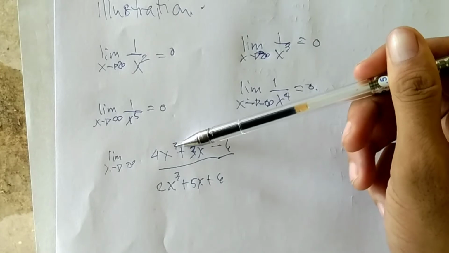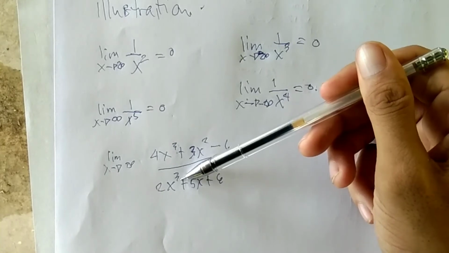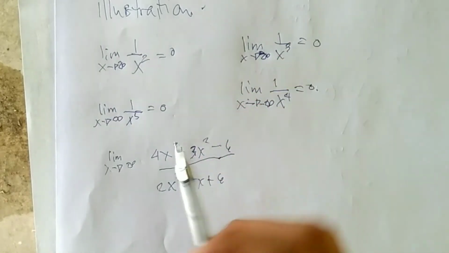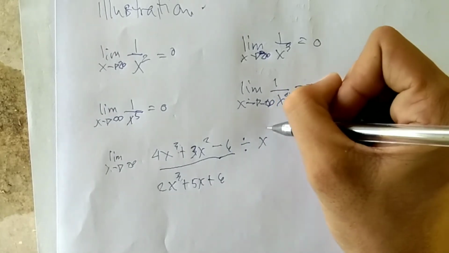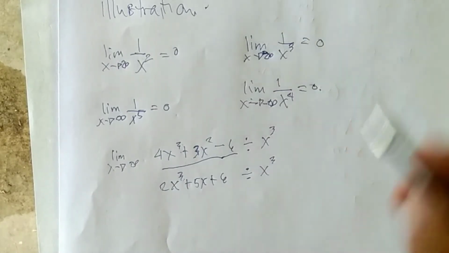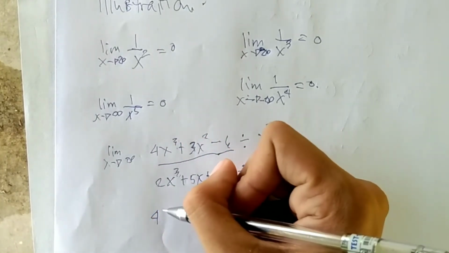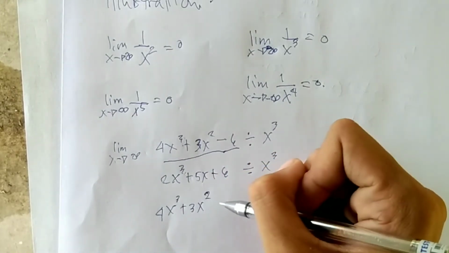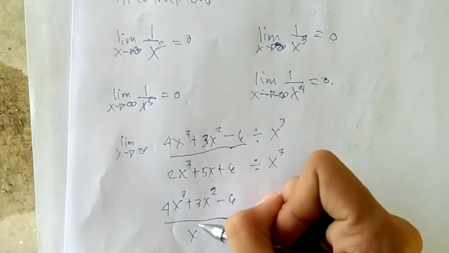For example, if the exponent on top is 2 and 3 here, you take the 3. So, we divide by x cubed and x cubed. What will happen is this: 4x cubed plus 3x squared minus 6 all over x cubed.